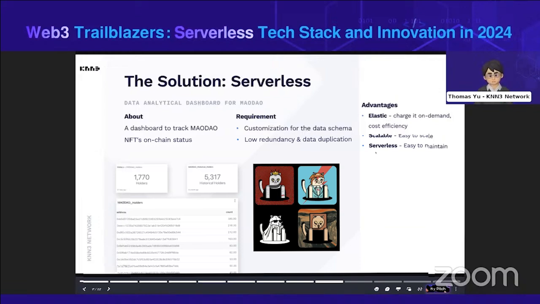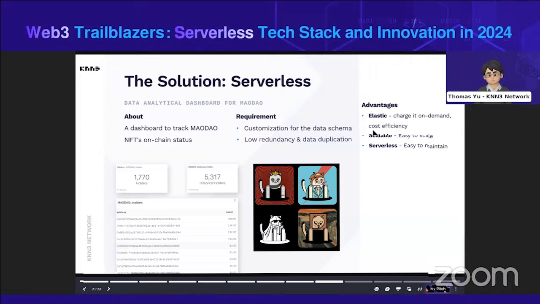My suggestion is, if you have some experimental or early stage feature that you want to build and you don't know if it is going to work or if it is going to need future development or re-architecting, then you can always use serverless, because it's not only elastic and scalable, but the cost is also very friendly to startups.